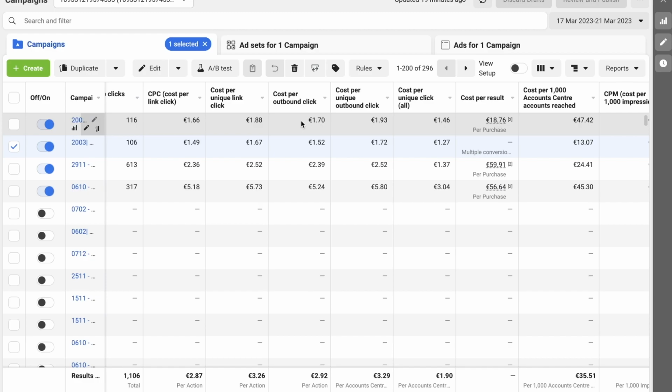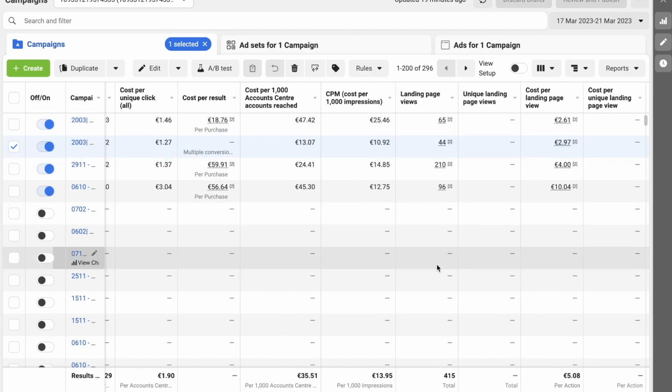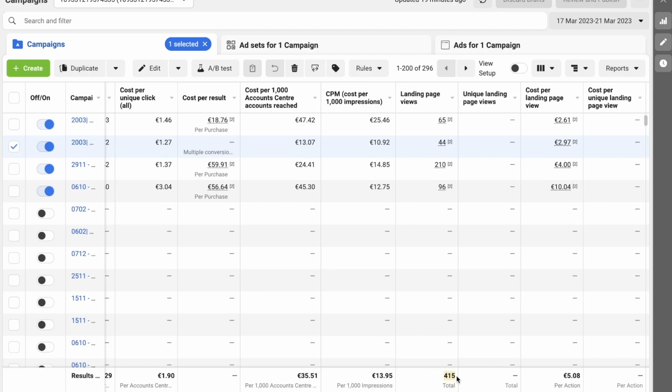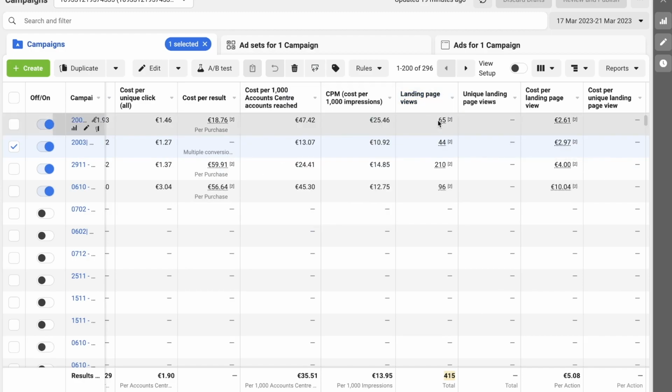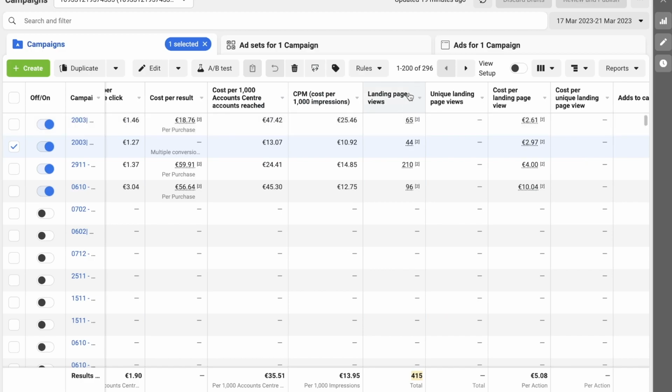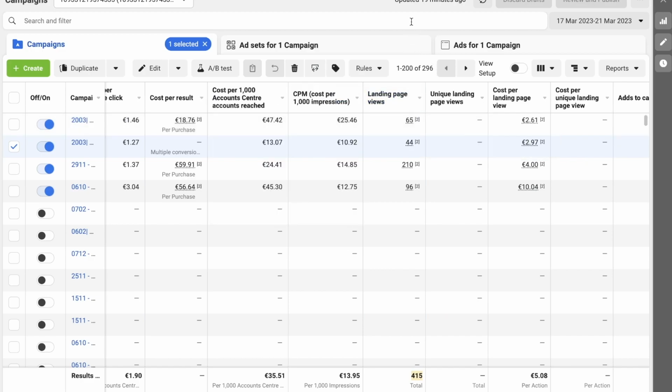These are link clicks, outbound clicks, which means they're actually traffic, actual traffic. And from these 722, only 415 arrive on the landing pages. And from the first campaign, where we have 100 outbound clicks, only 65 arrive on the landing page, which raises a couple of questions. And I can give you the answer to these questions.